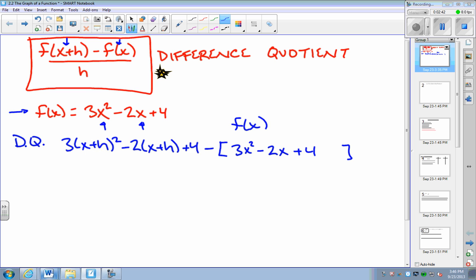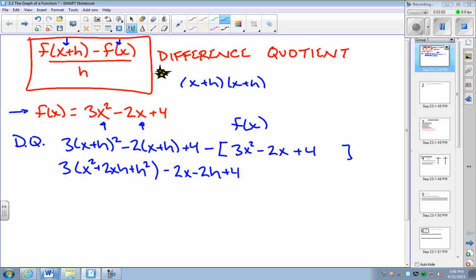So now I just need to do some simplifying. So this is going to be 3. We'll use a little shortcut here. If you don't see where I got the shortcut, write out an x plus h times an x plus h like that. Distribute this negative all the way through so everything changes.